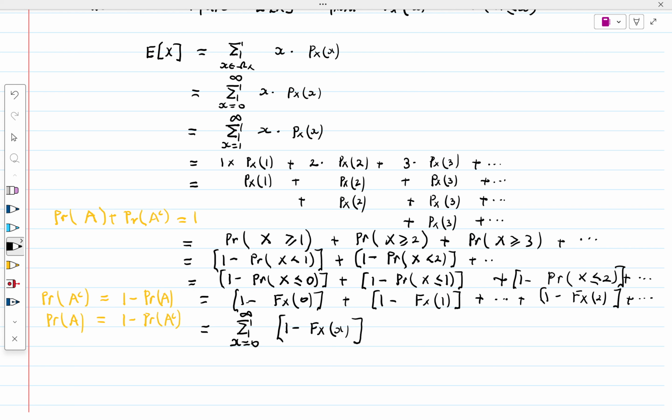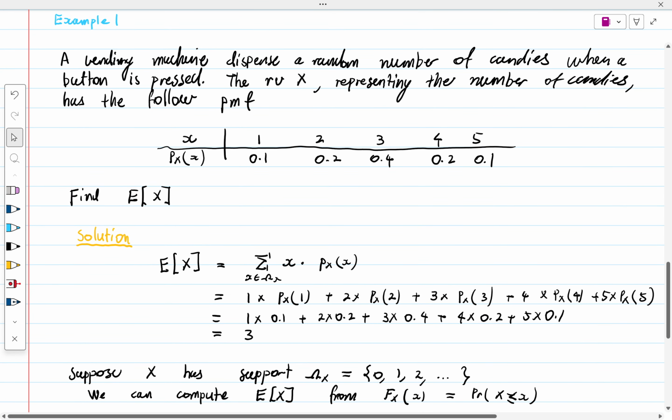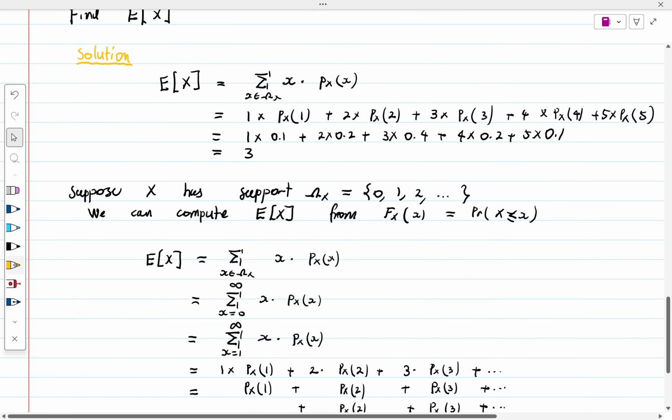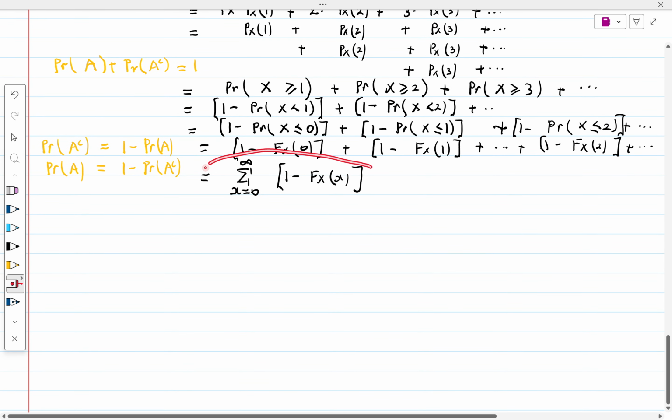And there, ladies and gentlemen, I have also proved another important result: when X is a non-negative integer discrete random variable, in other words it takes the values 0, 1, 2, 3, and so forth, I can rewrite the expected value in this form.